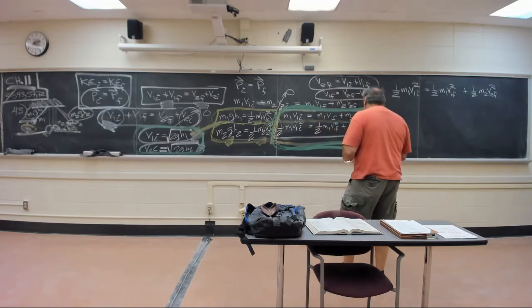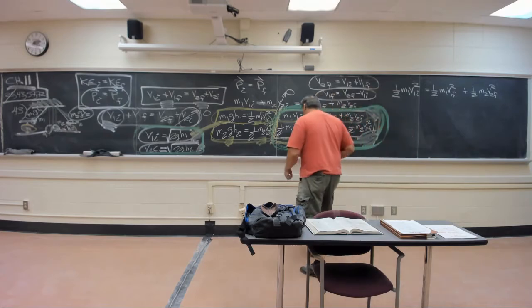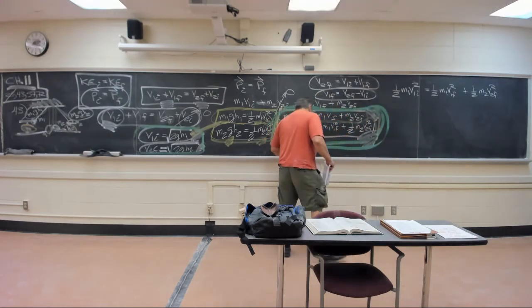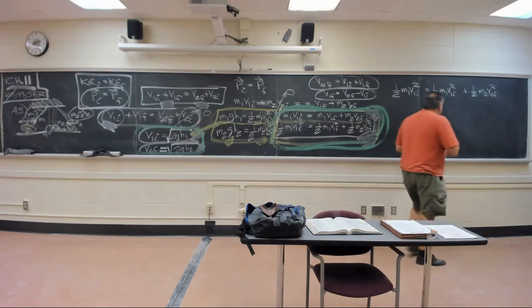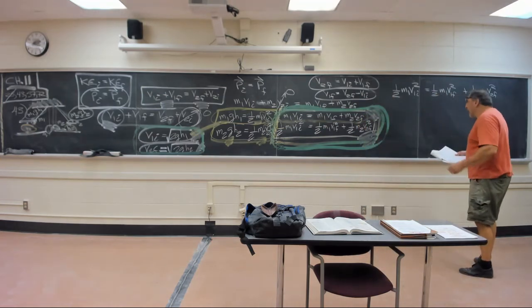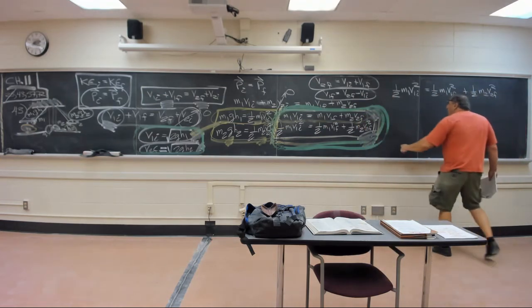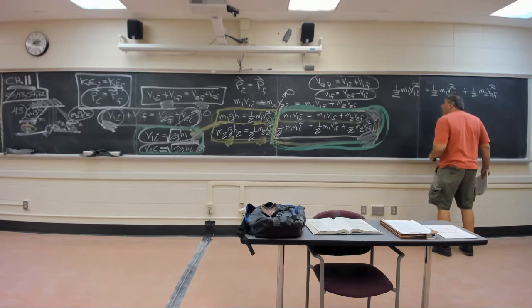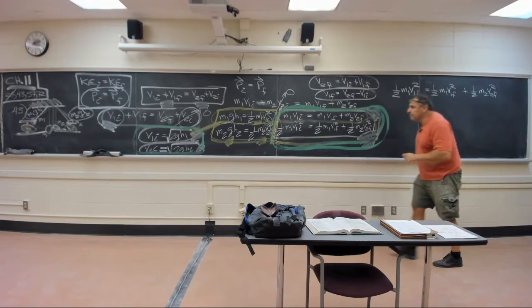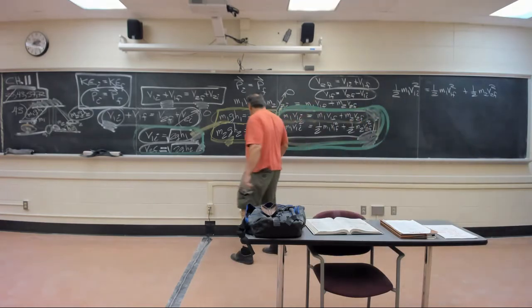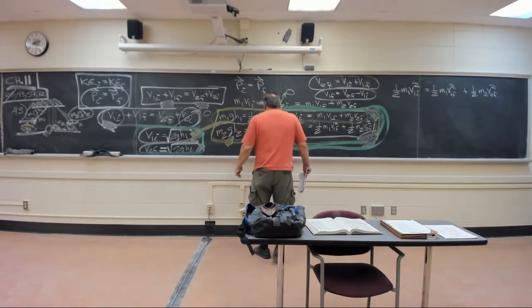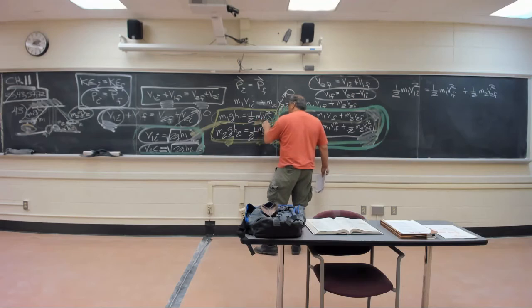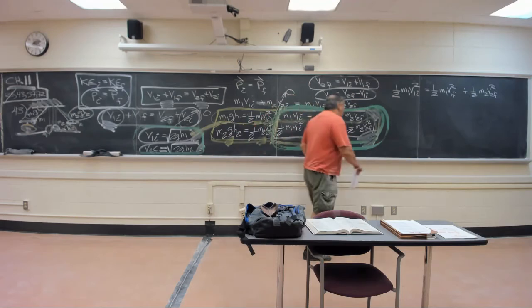Let me see here, guys. I was debating how I want to write it. What's 1/2 M1 V1I squared? One half M1 V1I squared is M1 GH1.